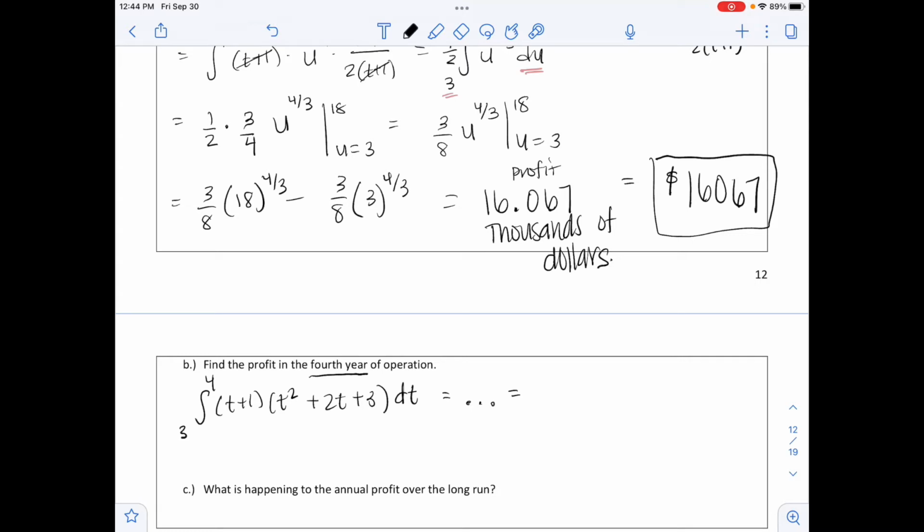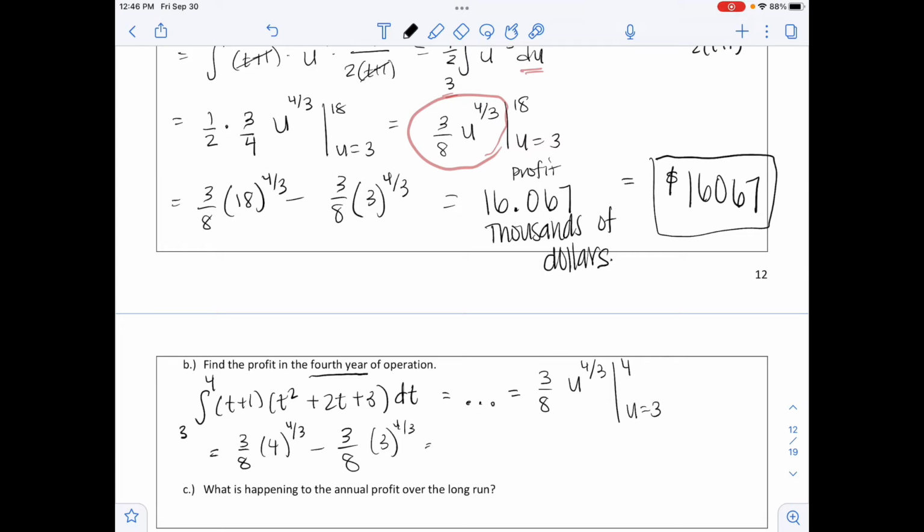And we know that the simplified integral that we were able to arrive at is 3/8 u to the 4/3 from up above. And again, if you wanted to, you could rework it out, but we already know what it equals. But this time we're evaluating it from u equals 3 to u equals 4. So substituting these values in, we get 3/8 times 4 to the 4/3 minus 3/8 times 3 to the 4/3.